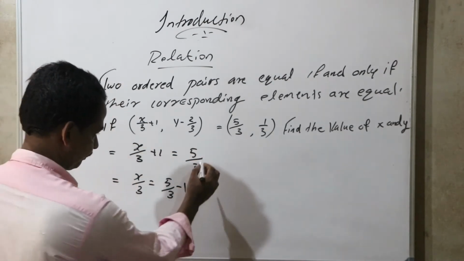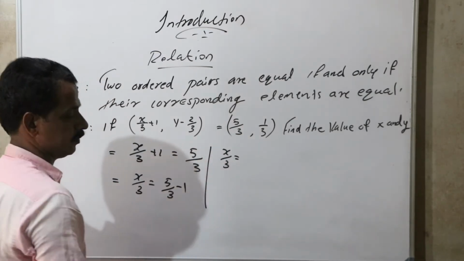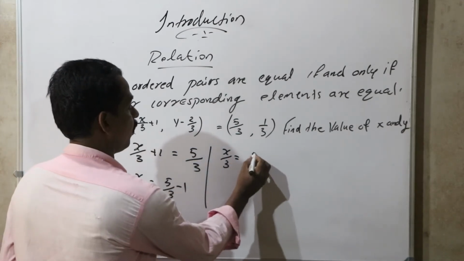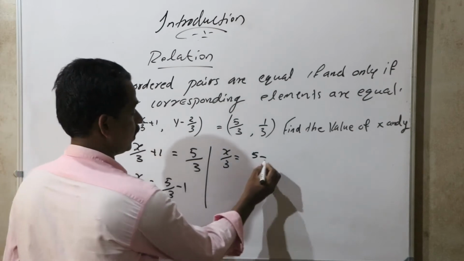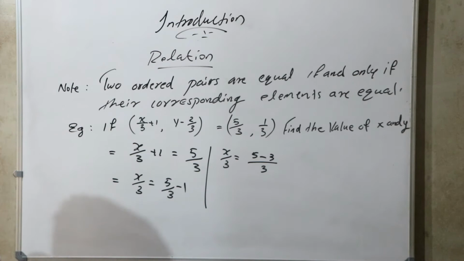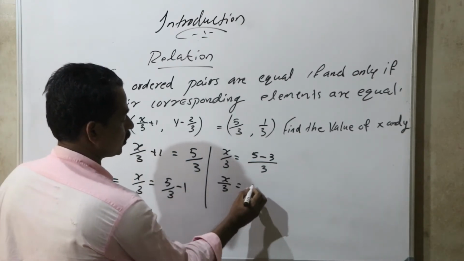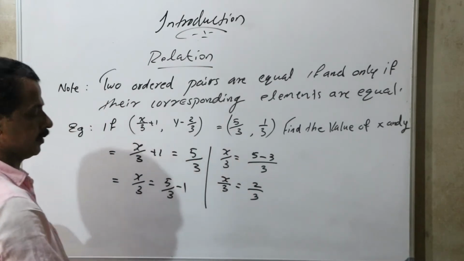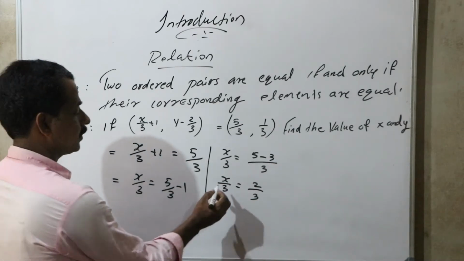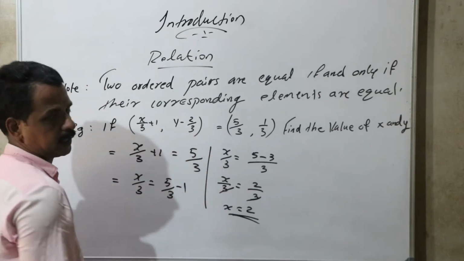Then x/3 is equal to (5 minus 3)/3. x/3 is equal to 2/3. The 3s cancel. x is equal to 2.